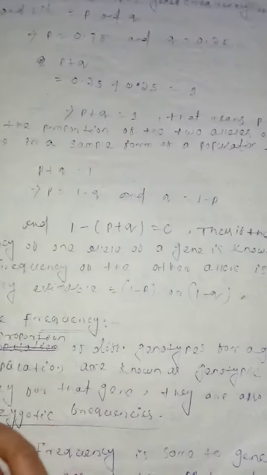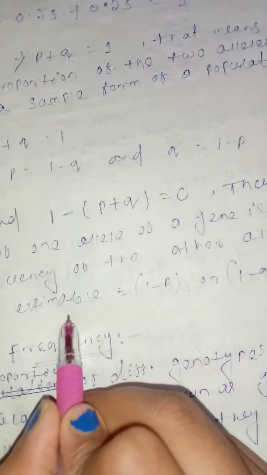So when P plus Q is equal to 1, P and Q are the proportion of the two alleles in this population, and with 1 minus P and 1 minus Q, the frequency of one allele of a gene is known, so the frequency of the other allele is readily estimable. This is all about gene frequency. So thanks.